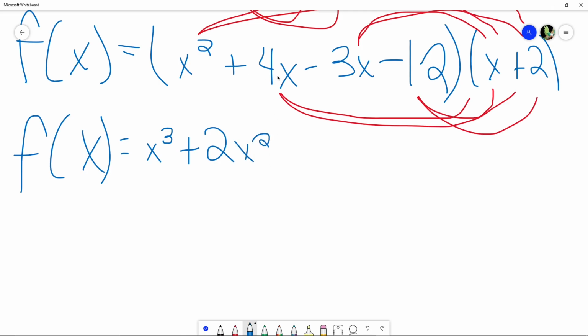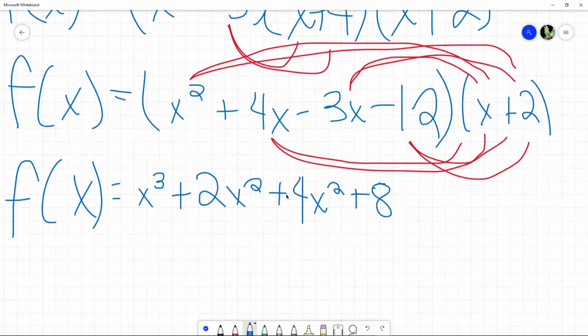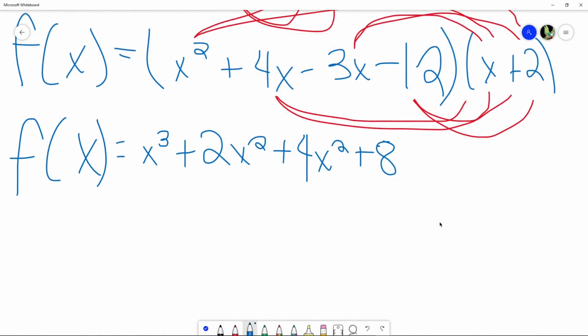Next is 4x times x. So this becomes 4x squared. 4x, of course, 4x times 2, that becomes positive 8x. Okay, so next is negative 3x.